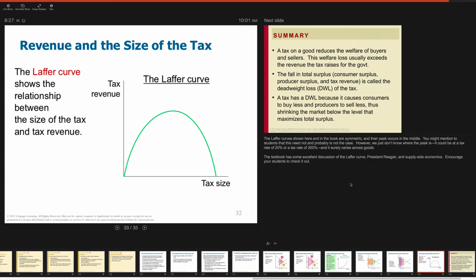I think it looks like the St. Louis Western Gateway Arch. So, also known as a parabola. Yeah, that's too mathy for me. It's a humpy thingy. What it tells you is you reach a certain point in your taxation where any more that you increase it, your revenue will begin to decline.